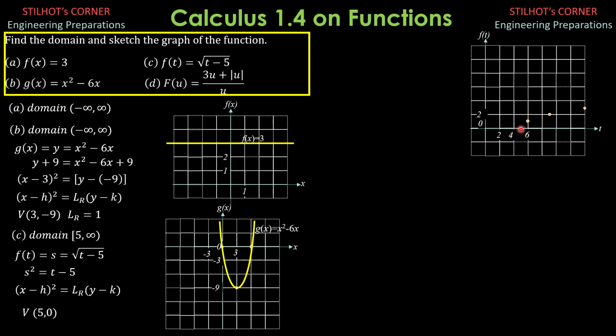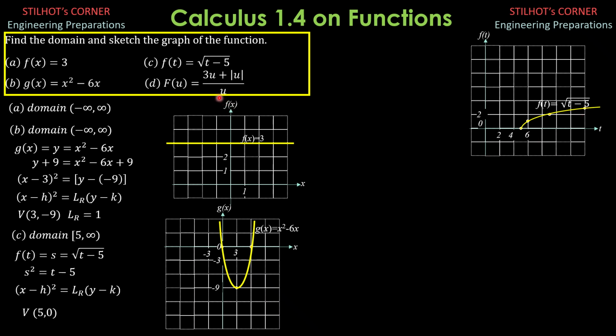These 4 points are enough to sketch the graph of the parabola that is open to the right, as expected if you're familiar with the graph of a parabola. But if not, you just assign points in the domain, then connect those points with a smooth curve as shown. So that's the graph of f of t equals the square root of t minus 5.